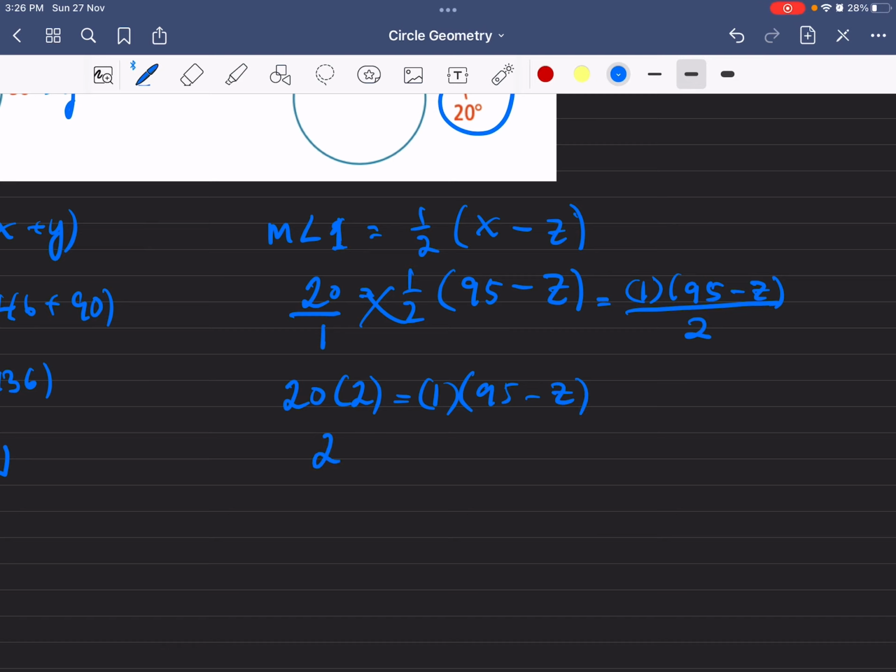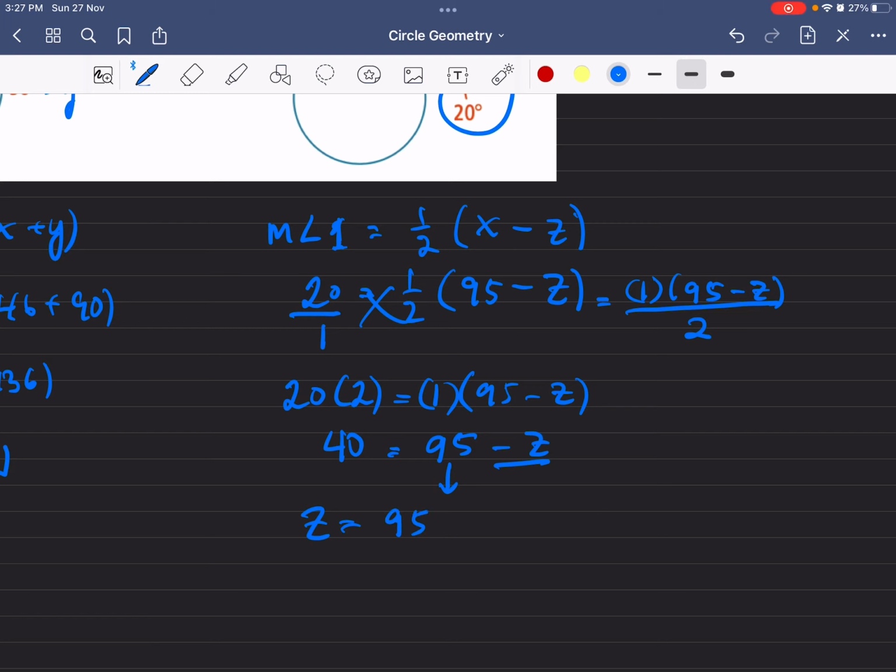Simplifying, 20 times 2 gives you 40, which is equal to 95 minus z. Getting the hang of it? Now I'm going to put negative z on the other side, so it becomes positive.